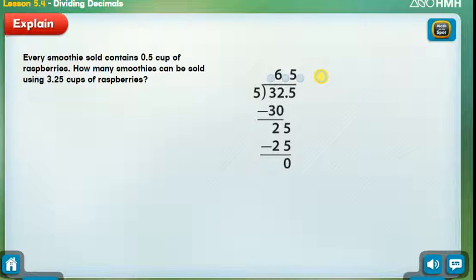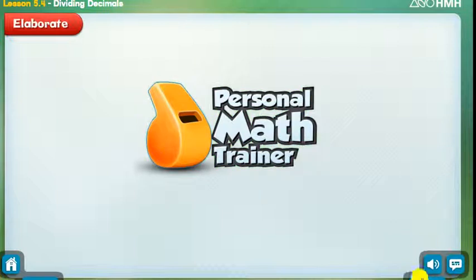Drag the decimal point to the correct spot. Correct. That's where the decimal point goes. So 6 smoothies can be sold since you cannot sell half a smoothie. Now let's practice with the personal math trainer.